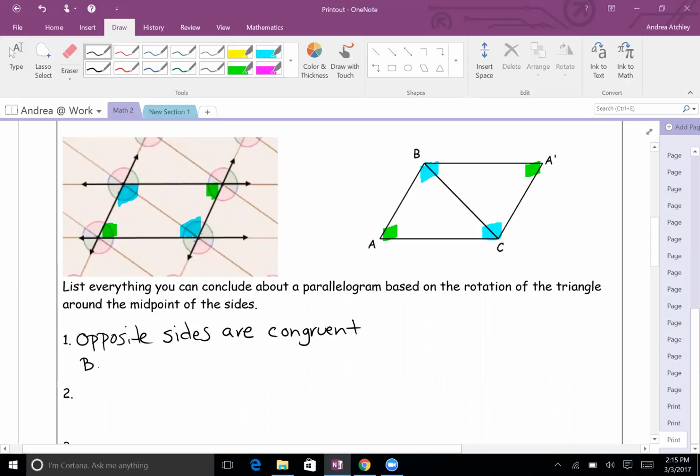That tells me that BA prime is congruent to AC, and AB is congruent to A prime C.